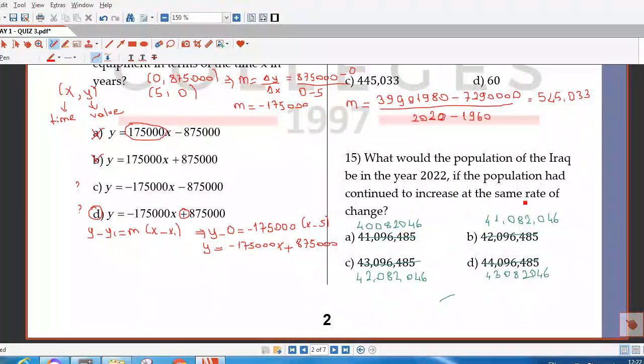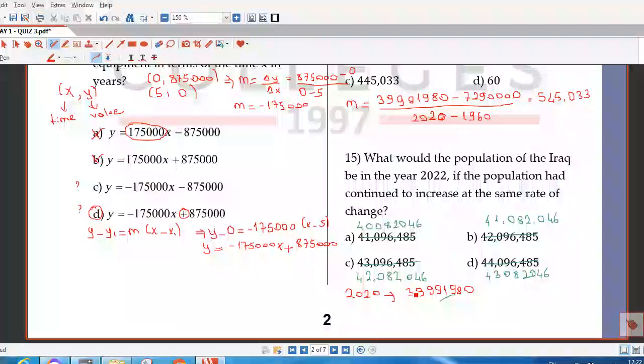Question 15, there are some corrections. What would the population of Iraq be in the year 2022 if the population increased with the same rate? We know in 2020 what the population is. It is 39,991,980.